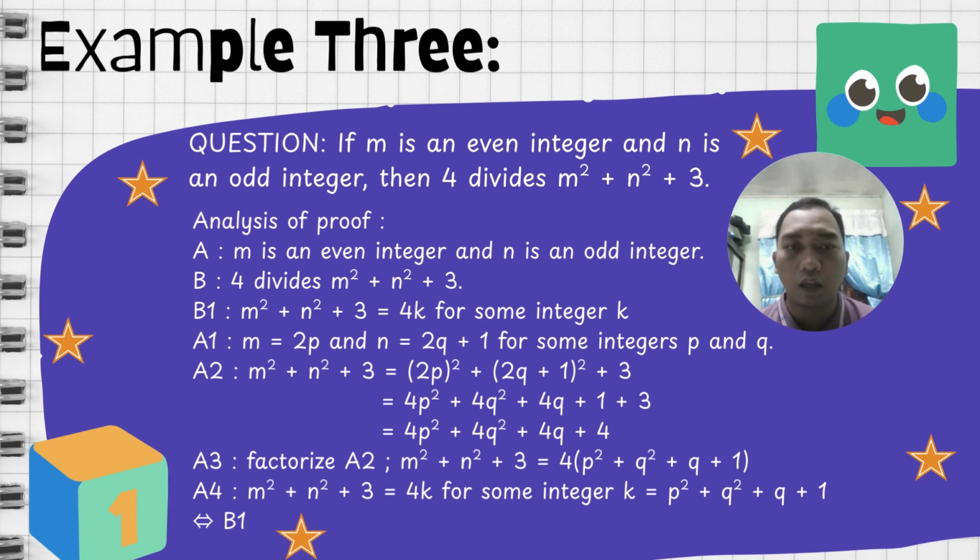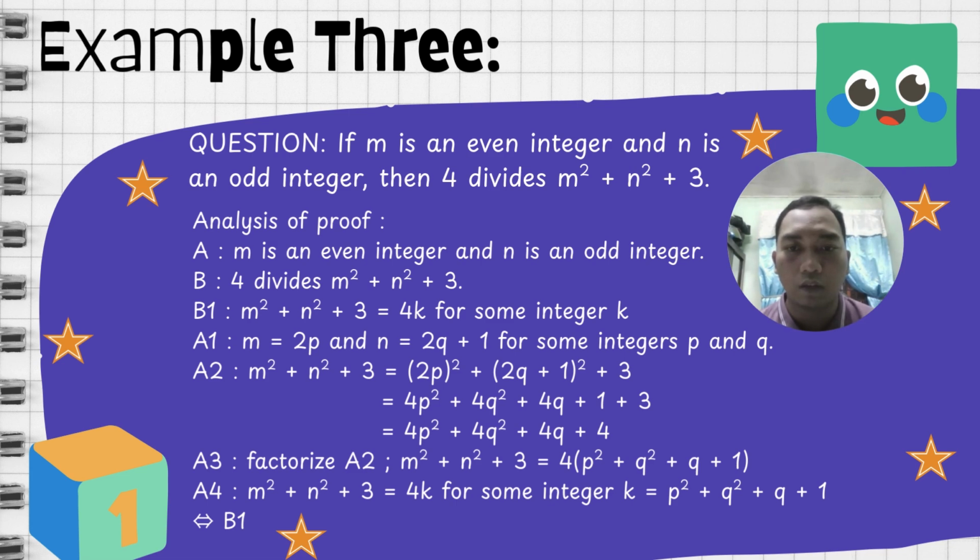We start with A1, which is m equals 2p and n equals 2q plus 1 for some integers p and q. m equals 2p is the definition of an even integer and n equals 2q plus 1 is the definition of an odd integer.